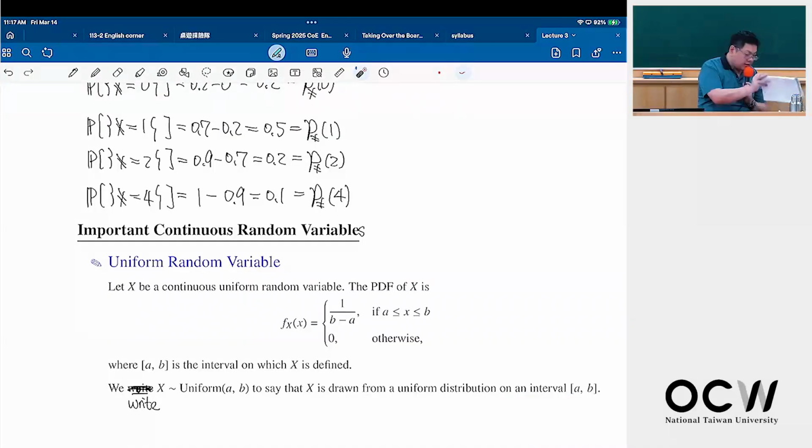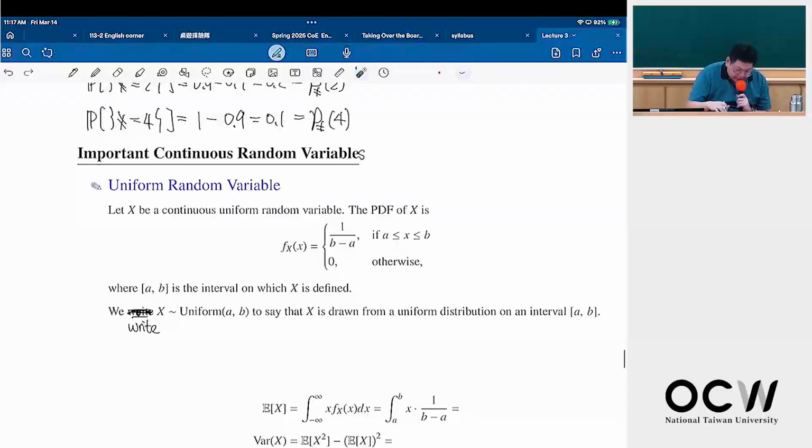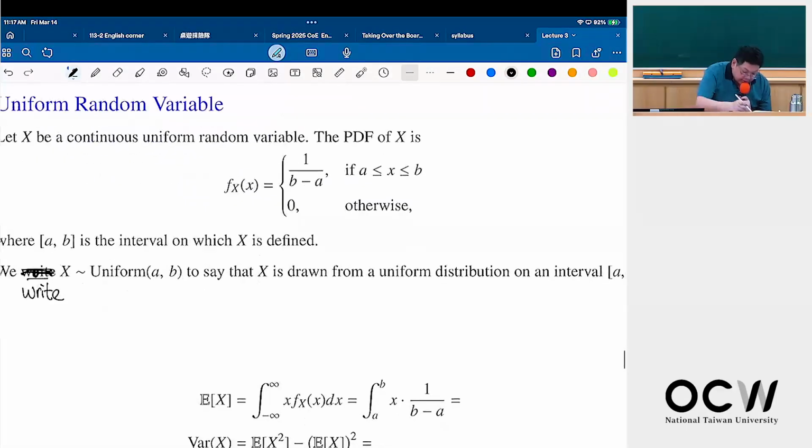So for the PDF, we can draw it from a to b, and then the value is 1 over b minus a.